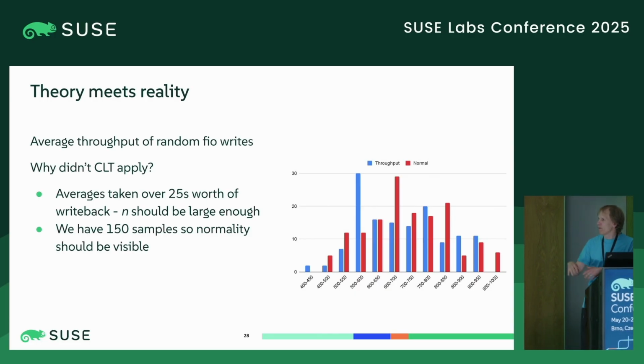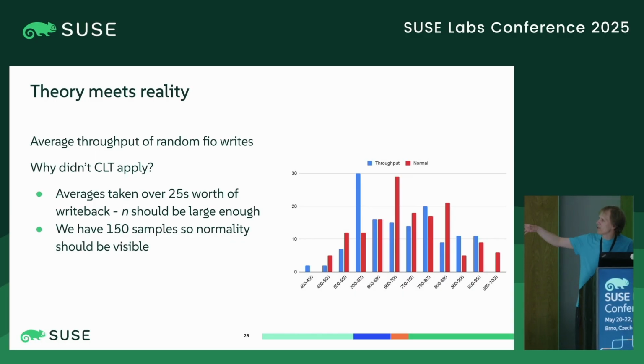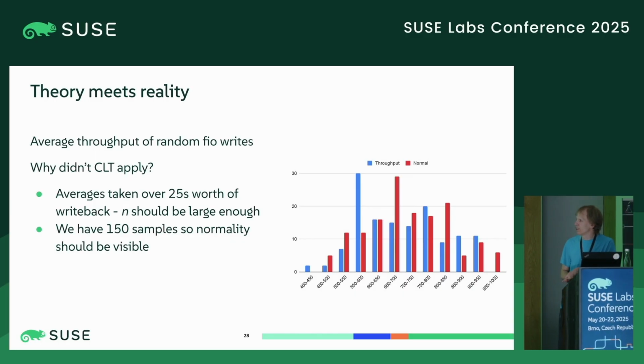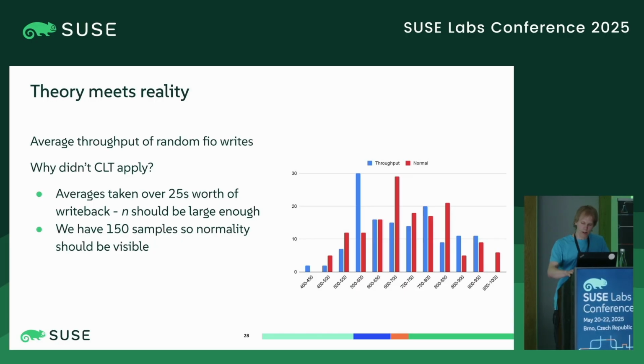It would be better to have 500 or 1,000 samples to show better that the distribution of the throughput really is not normal. This could still be that we were just unlucky with the throughputs. But if you would do more, you would see that the distribution is still not normal.